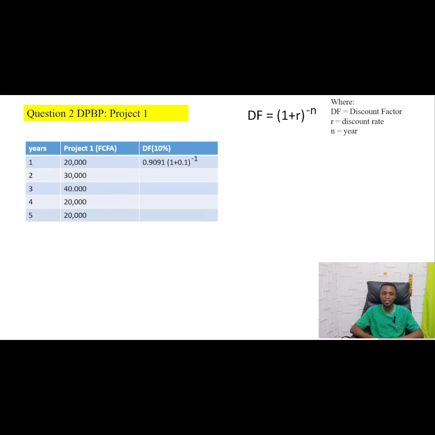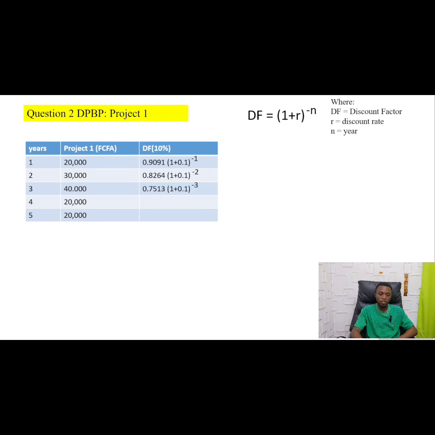The n there is the year, so for year 1 it is (1 + 0.1) to the power negative 1, which gives us 0.9091. We'll do the same for year 2: (1 + 0.1) to the power negative 2, because we are now in year 2, which gives us 0.8264. We are working to 4 decimal places. We'll do the same for year 3, year 4, and year 5.